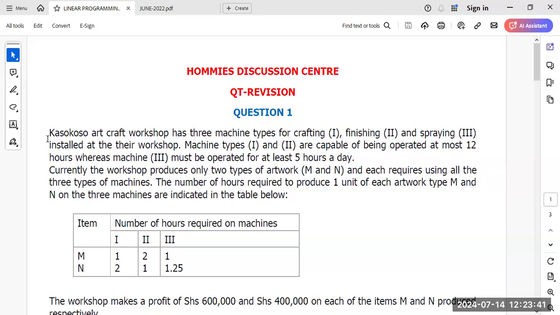They are telling us that Kasokoso Art Craft Workshop has 3 machine types for crafting, finishing, and spraying installed at their workshop.